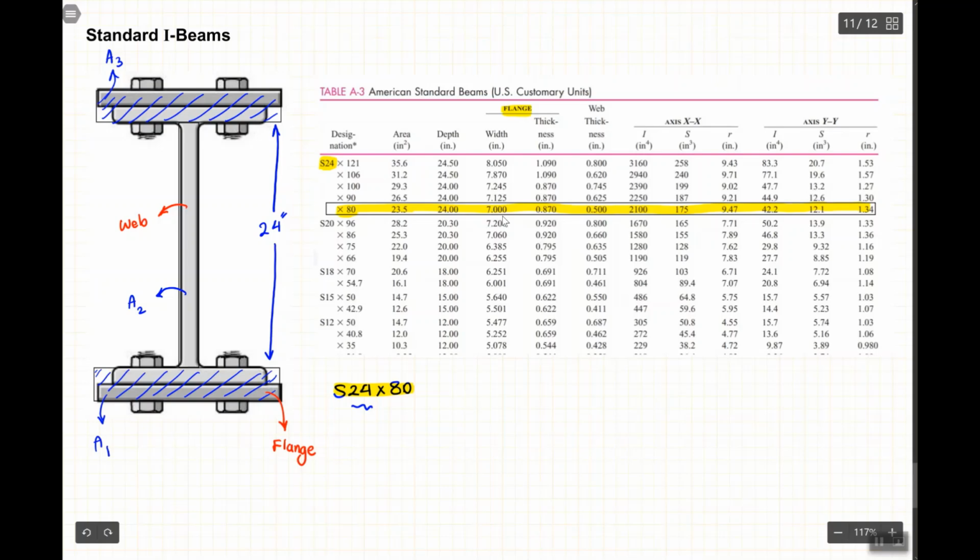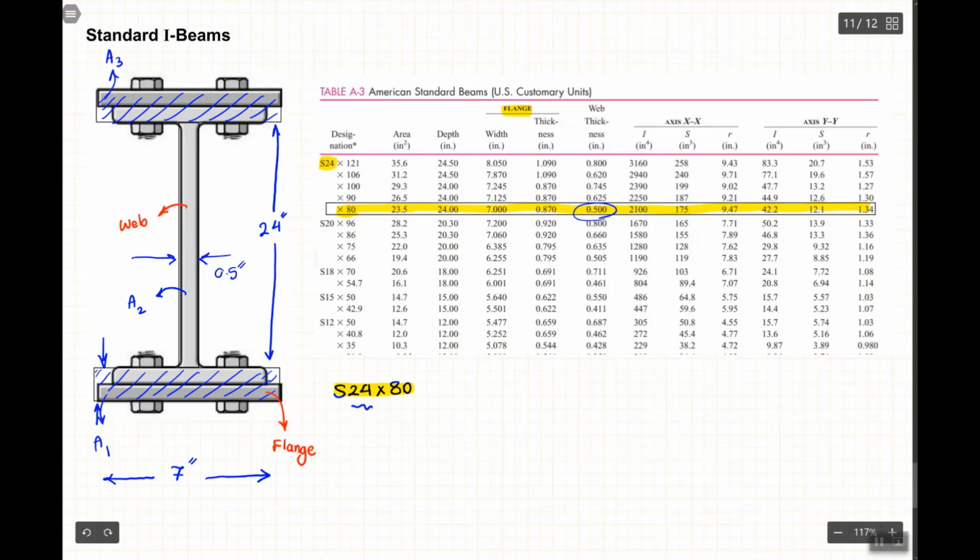So the flange width is 7 inches over here. And the thickness is this number. All right. What else? The thickness of the web also, like here, you can find out it's 0.5 inches.